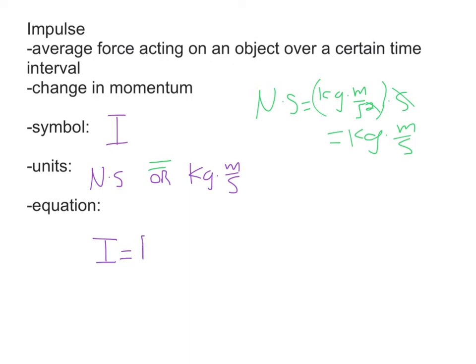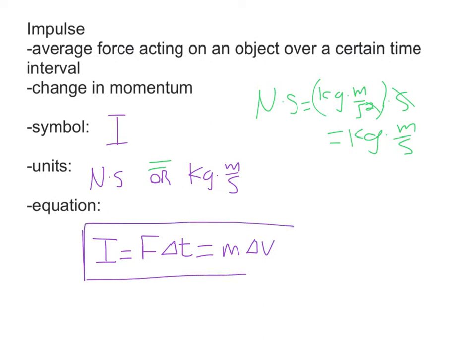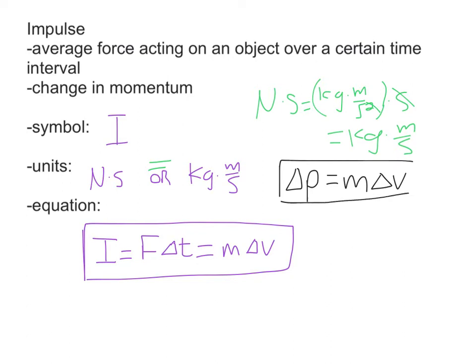Impulse equals force times a time interval, but it is also equal to a change in momentum. For momentum, mass never changes, velocity can. So this will be mass times change in velocity. And just a little side note, change in momentum would be delta p equals m delta v. So that's where this comes from.